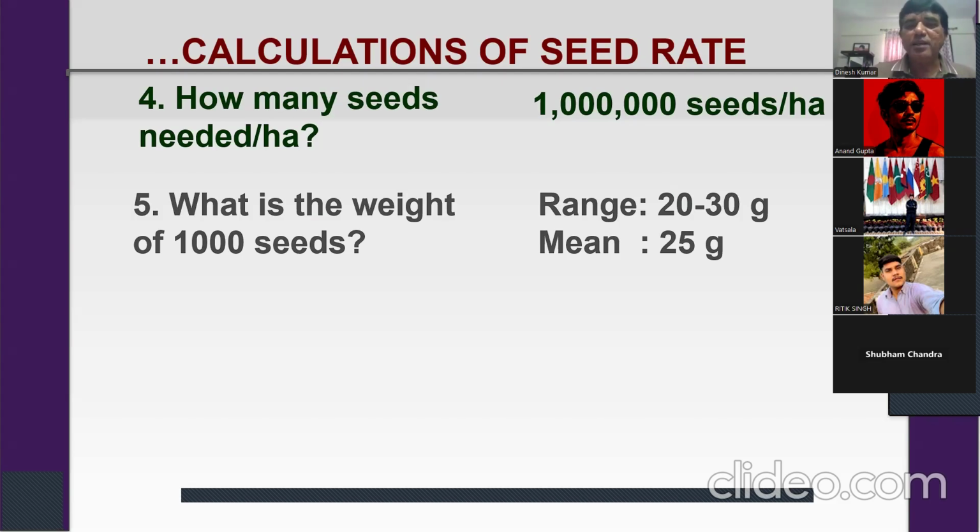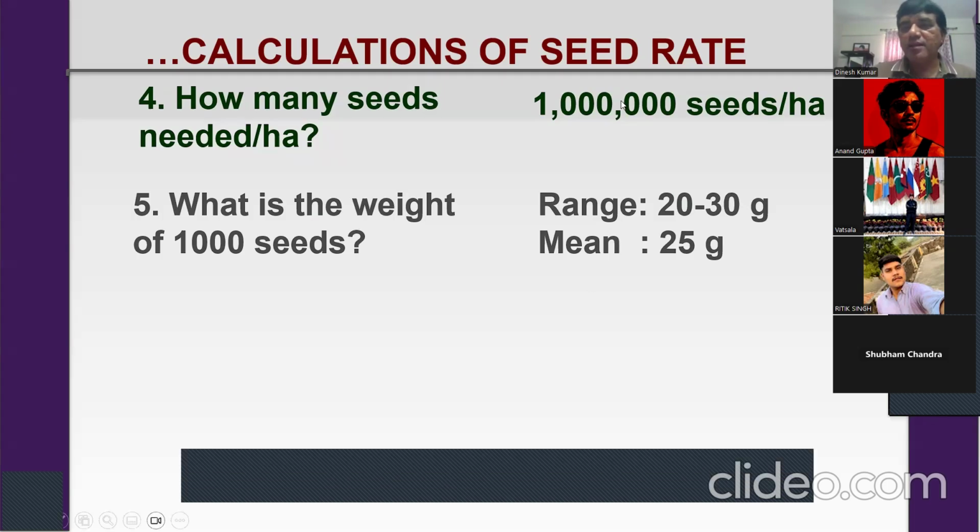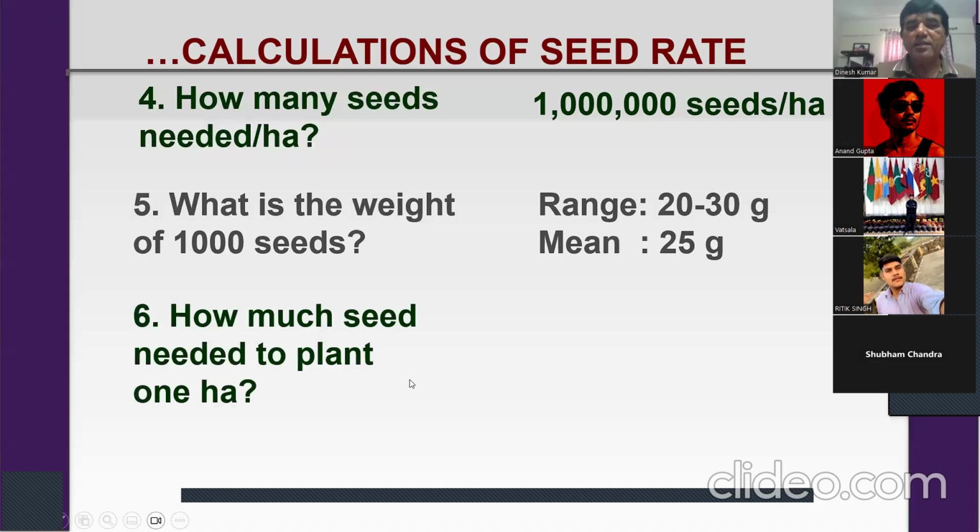So I can easily calculate the weight of one seed. 1,000 seeds have 25 gram, so one seed will have 0.025 gram of weight. And then I can multiply that with the 10 lakh, and then I can get the seed rate. So how much seed is needed to plant 1 hectare?